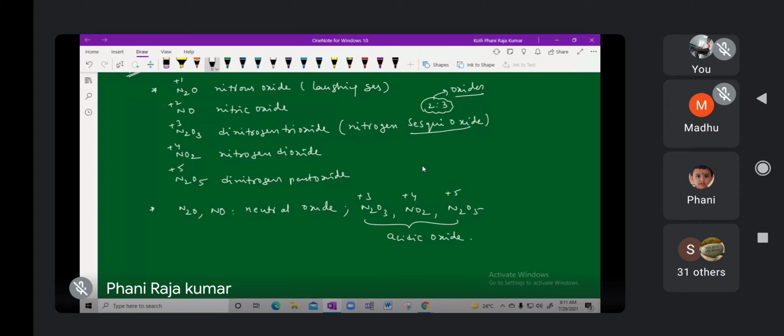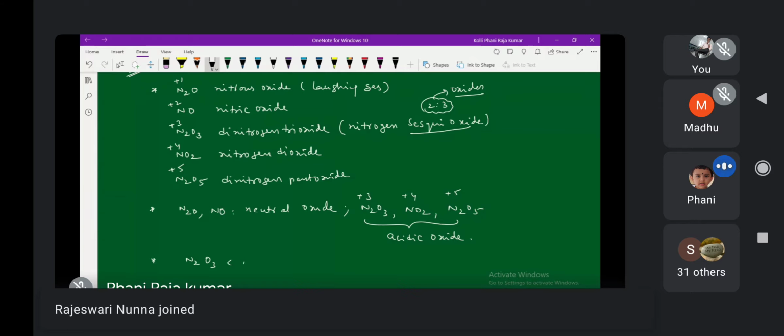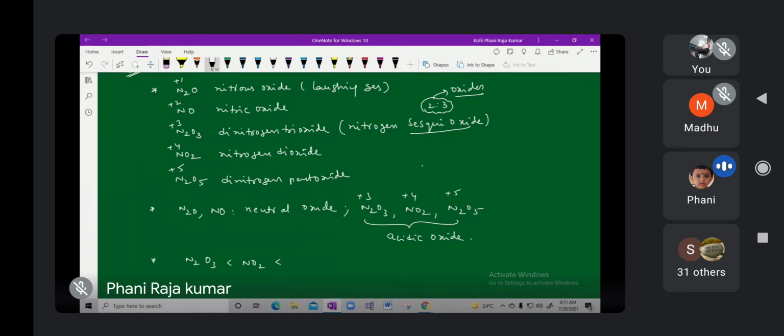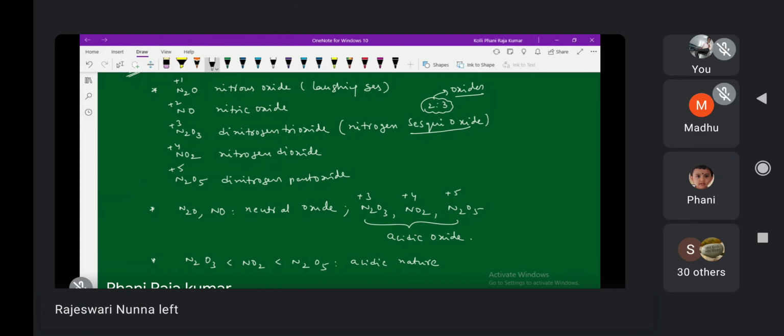Next point, N2O3 less than NO2 less than N2O5 is the order of acidic nature of oxides.